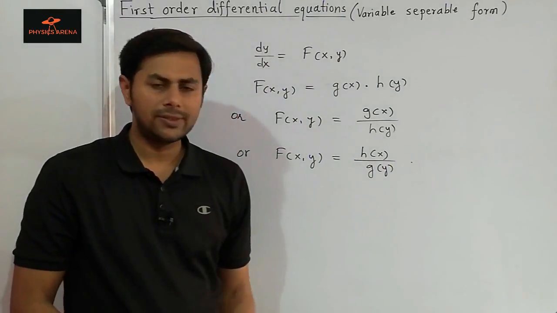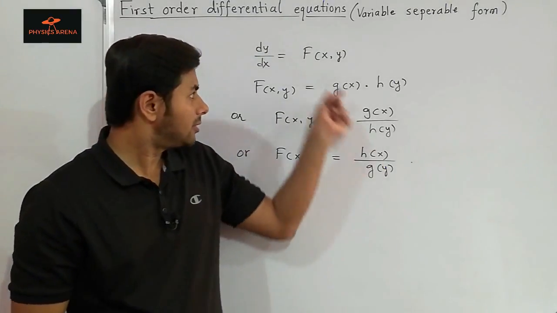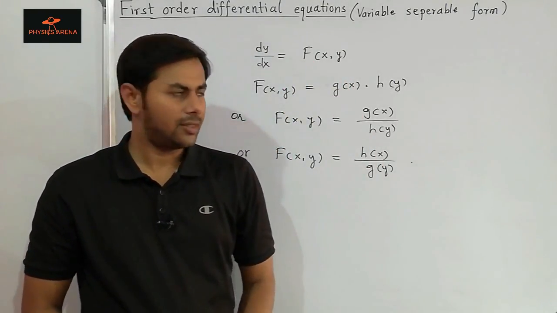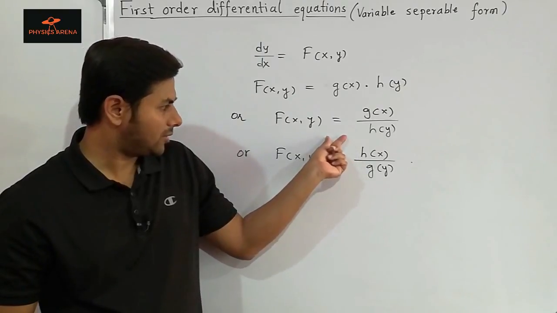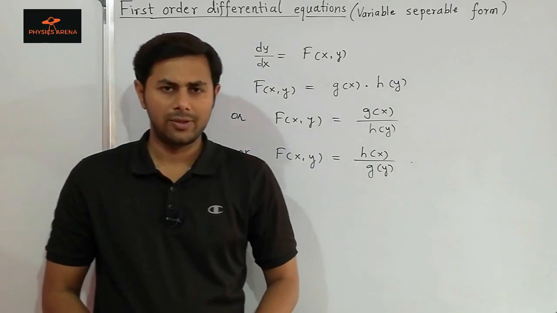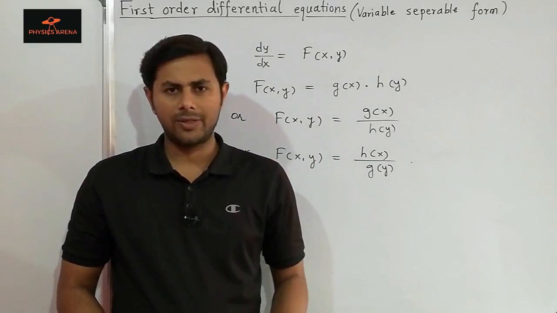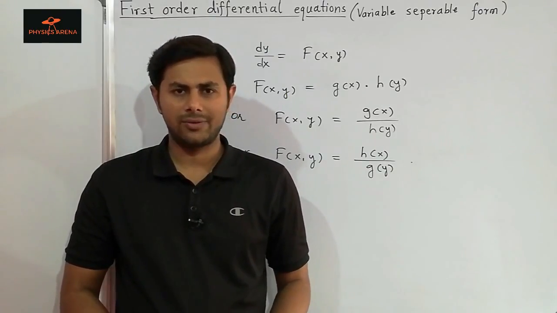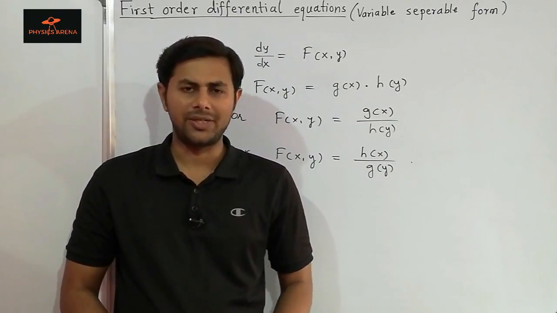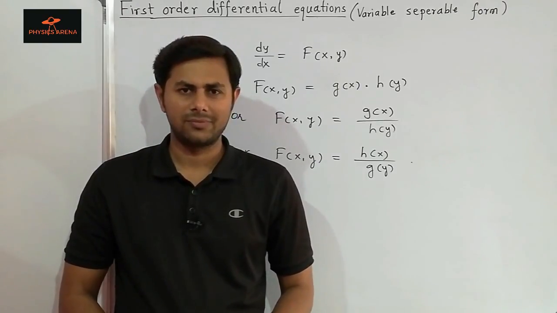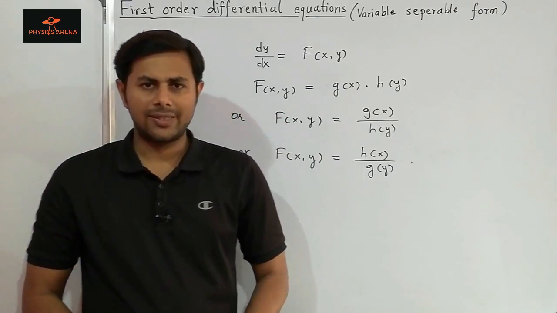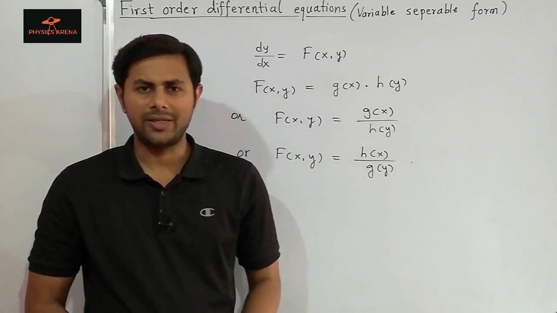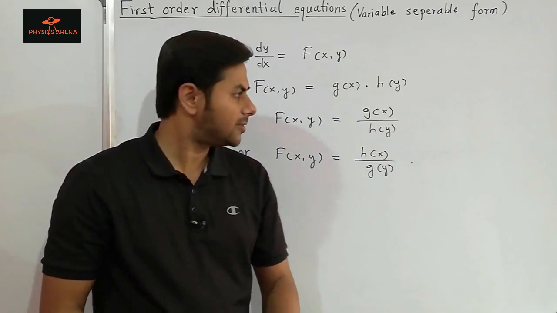So once we are able to write this f of xy in either of these forms, then we will be able to separate the functions of x and y, and then we'll be able to integrate them separately. Some examples will make this method clear. So let us see some examples.